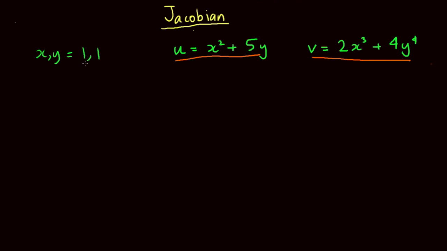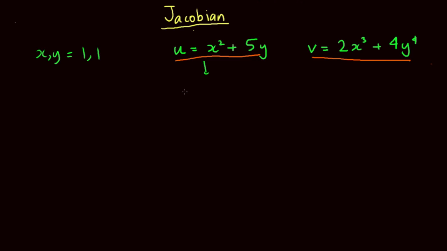Now let's say we're given a representation of x. So x is maybe equivalent to u cubed plus v squared, and y is equal to, randomly, u squared plus v. Well, actually that's not really right. Normally if they were to give it to you in terms of u and v, you'd have to find the inverse.